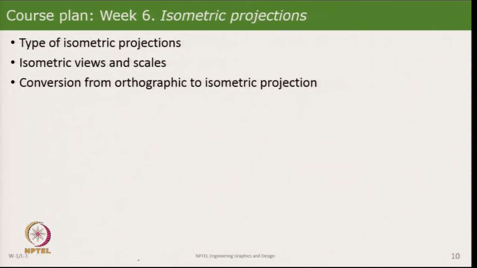We then move on to what is called isometric projections, which means that we are trying to present the object as a 3D object. For example, a box, when I make like this, this is an example of one type of an isometric projection.